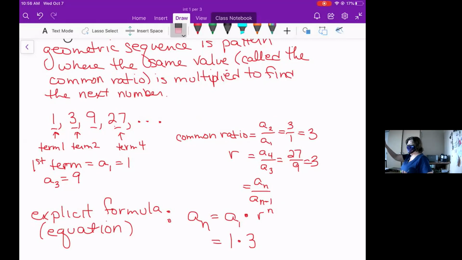If I just had it as n, and I wanted the first term, I would put a 1 there, right? Okay. What's 3 to the first power times 1? Is that the first number there? No, it's not. So that's why we have to have that minus 1. We have to go backwards.